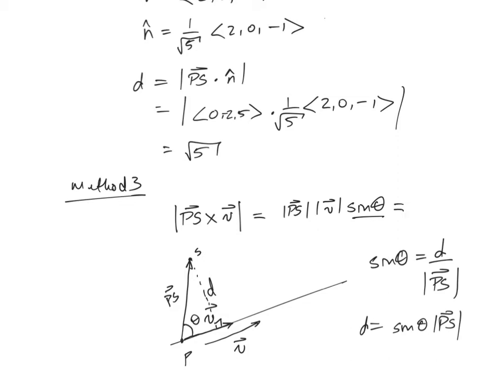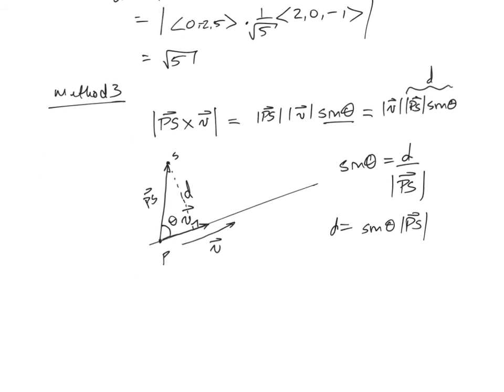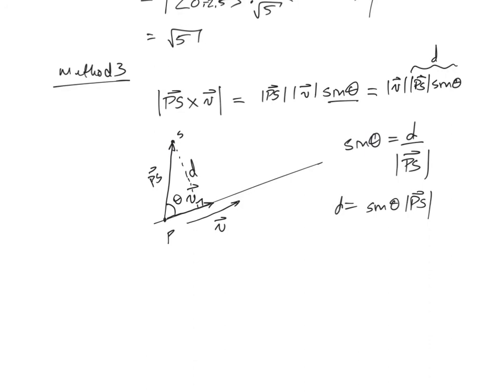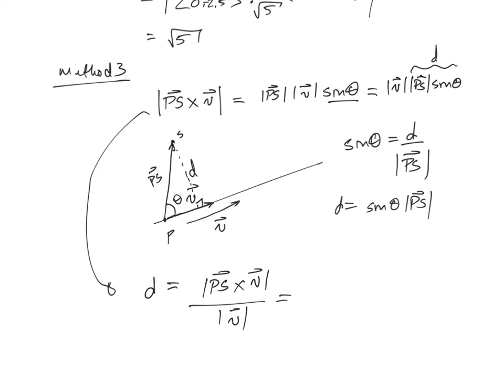So if I rewrite this here as V times PS sine theta, well, this part here is D. So if I rewrite that equation, D is equal to the magnitude of the cross product, PS cross V, divided by the magnitude of V. I know PS, I know V, I can find all of these things, right?